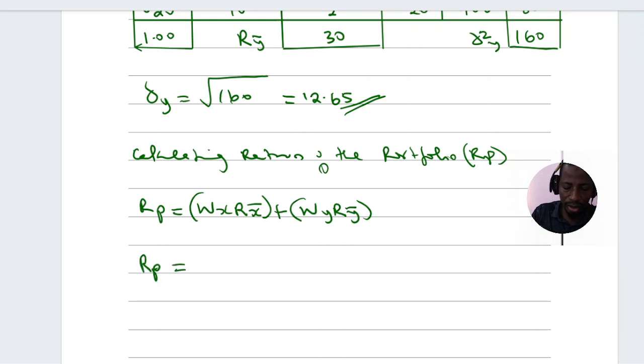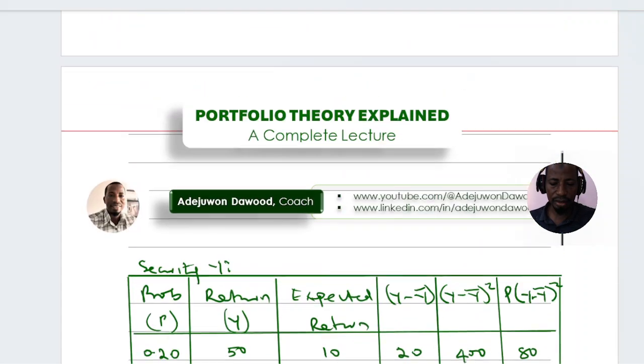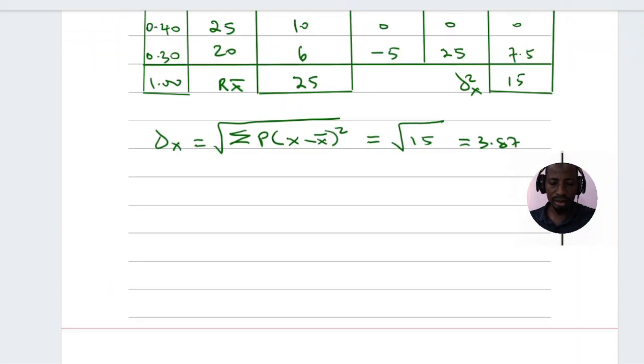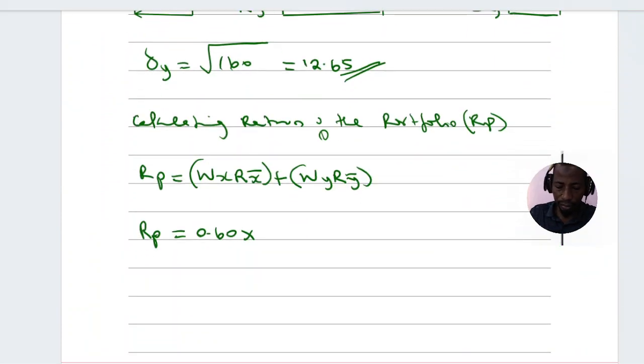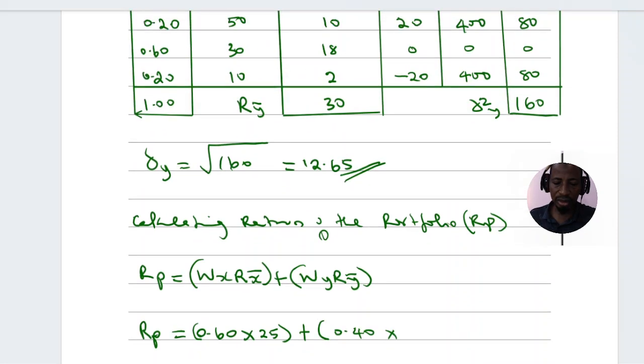Therefore, RP, we invested 60% on security X. So 0.6 multiplied by the expected return on security X, which is 25, plus, we invested 40% on security Y, multiplied by expected return on security Y, which is 30.